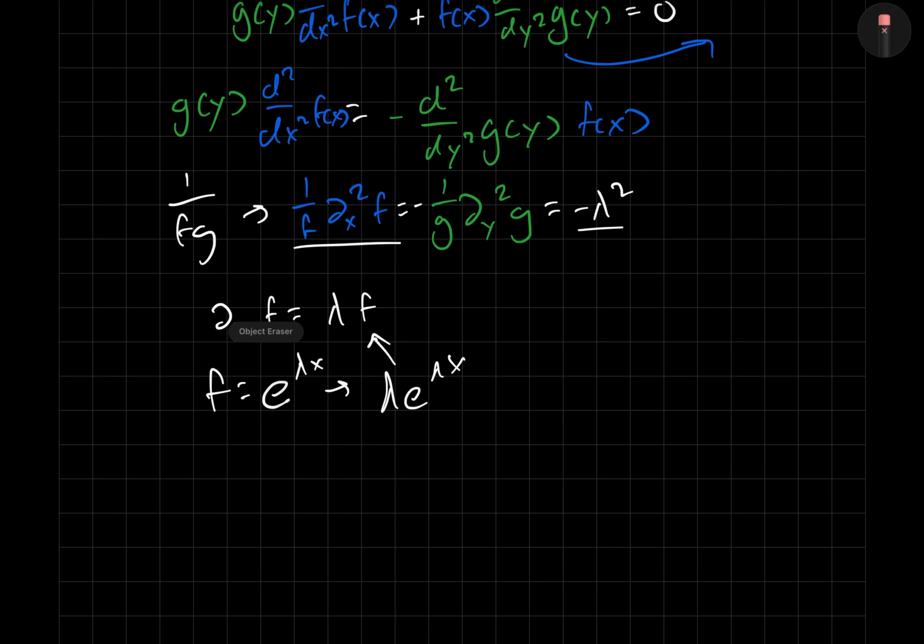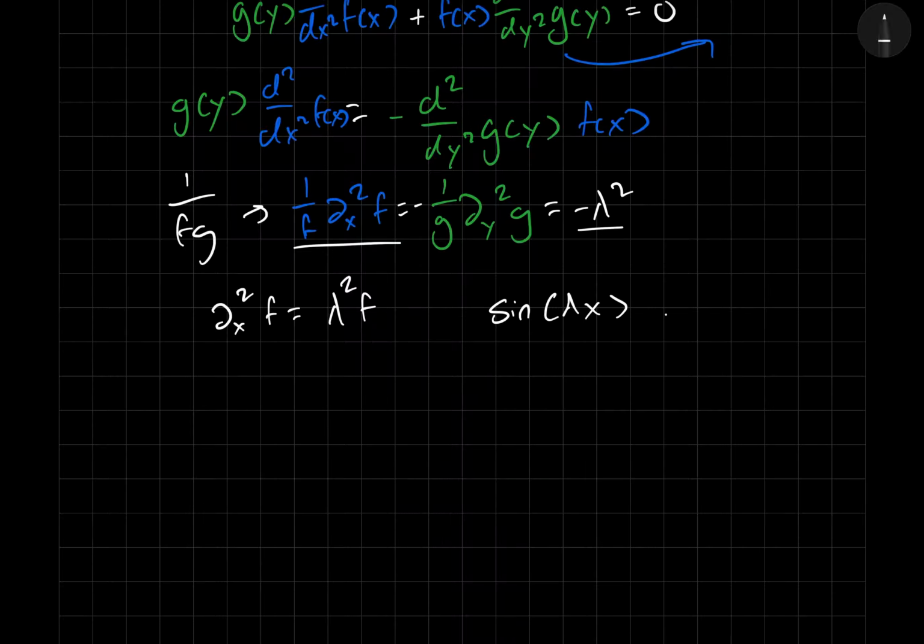All right, so now let's do this with the second derivative. We know that if we take a derivative 2 times, the only function that works is one where you multiply by something inside. Well, that's going to be sine or cosine, right? So sine lambda x.